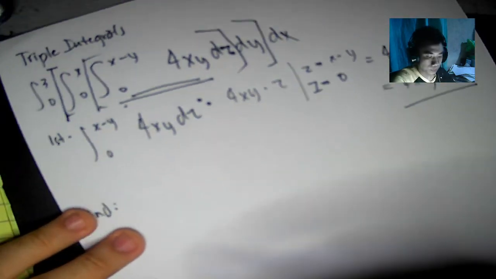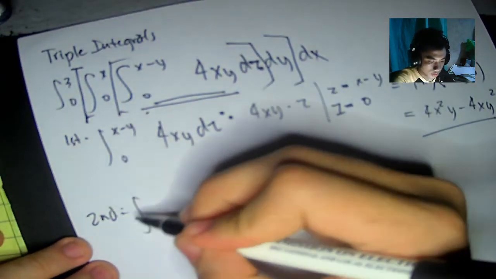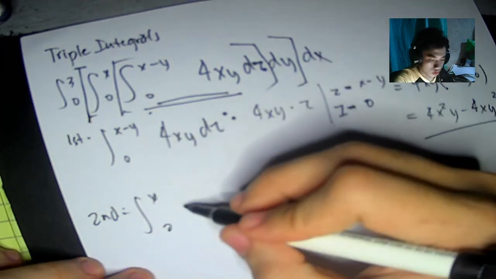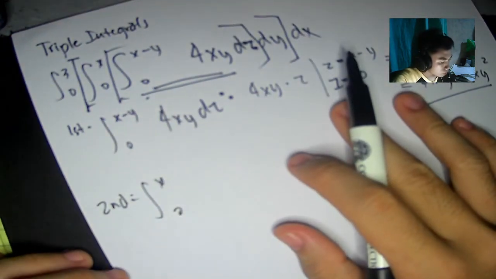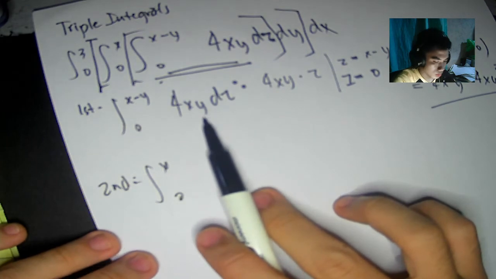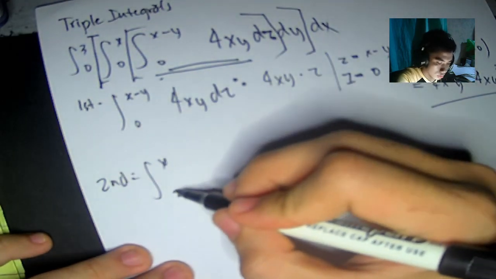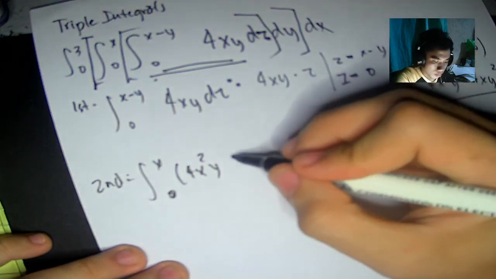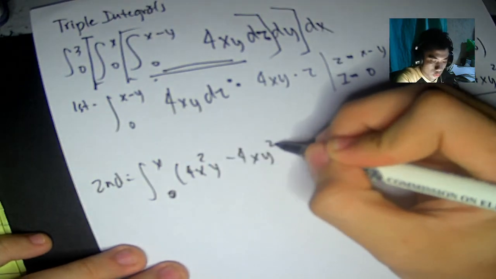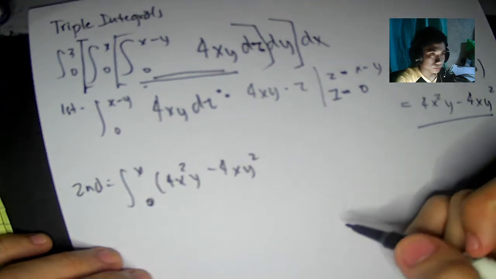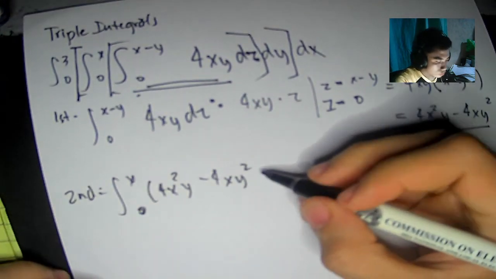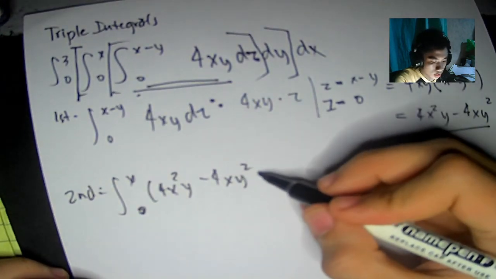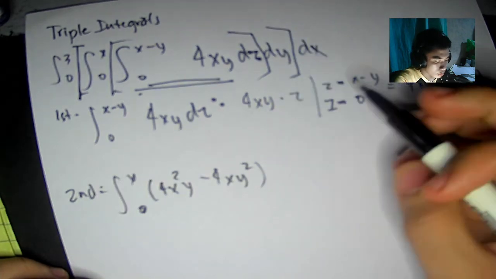So we'll have the limit of x in 0. What is the value of this? It's now 4x squared y minus 4x y squared. In this case, we'll have dy here.